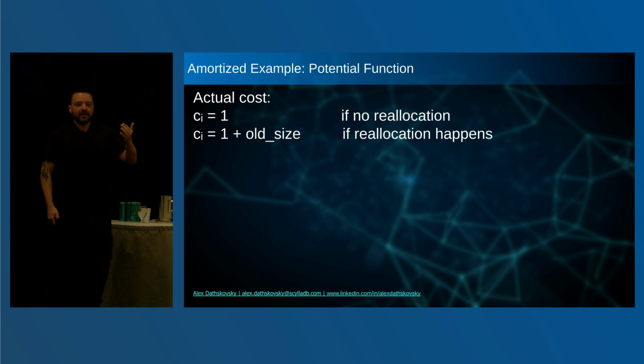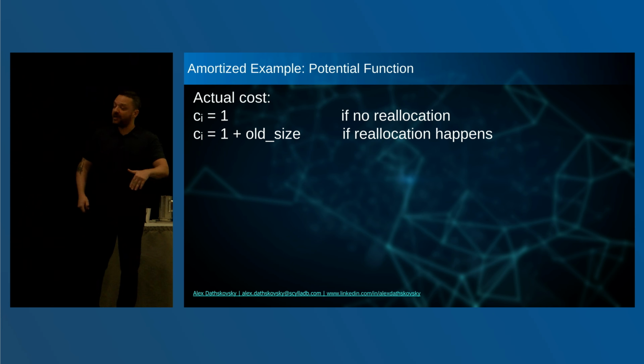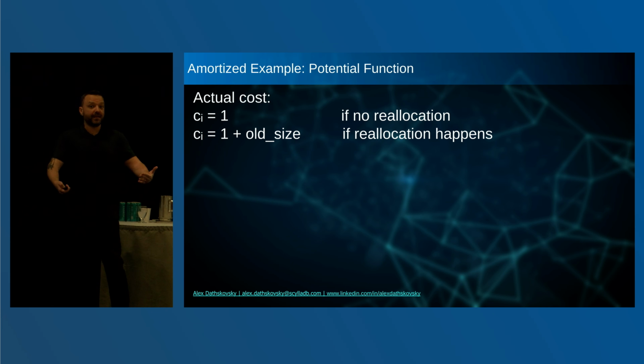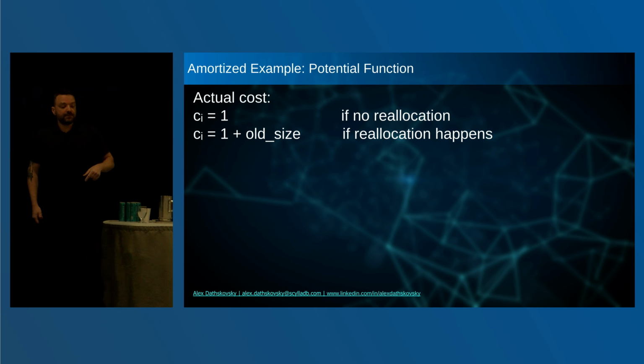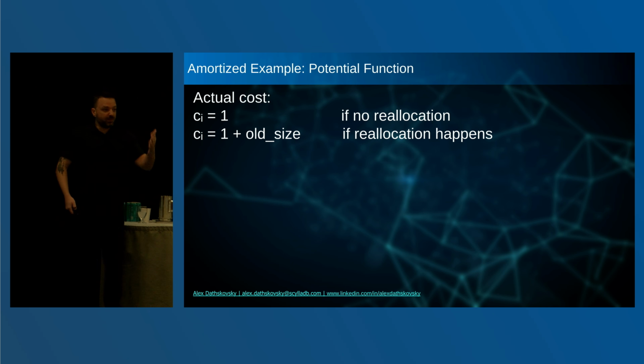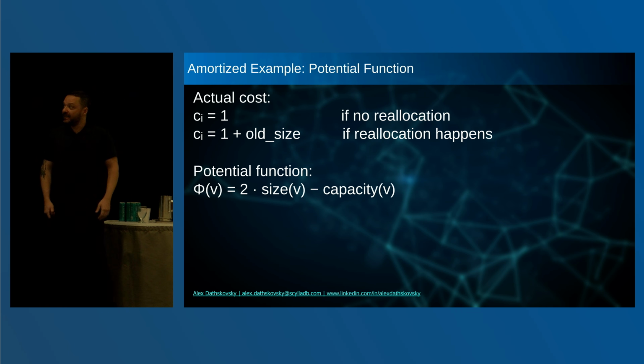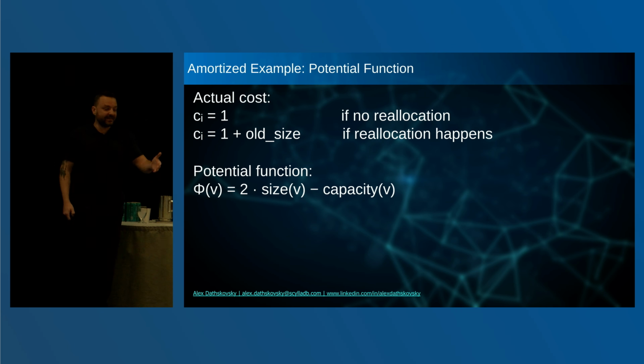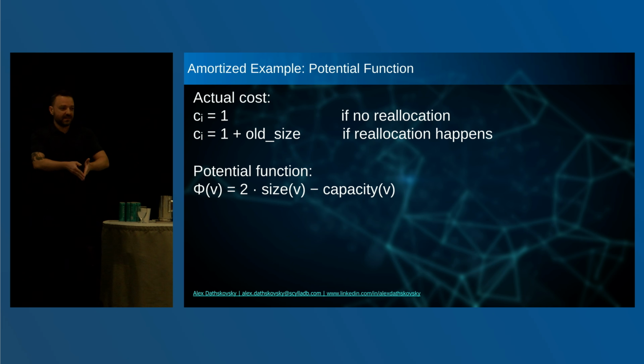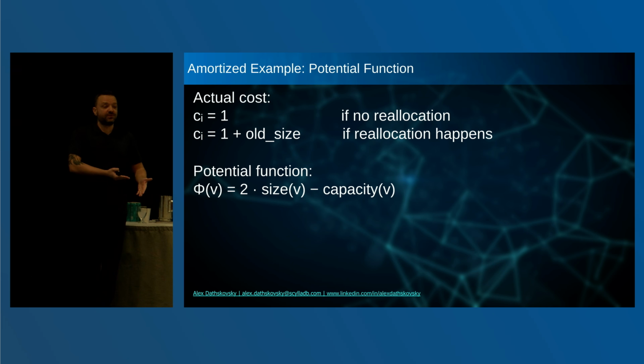If we push something into a vector and do not reallocate, that works in 1, so we pay 1 for that. If we need to reallocate, we pay 1 for the push that we are doing right now and the old size that we had to copy. The potential function is basically 2 times the size that we have right now minus the capacity of the vector that we have right now.